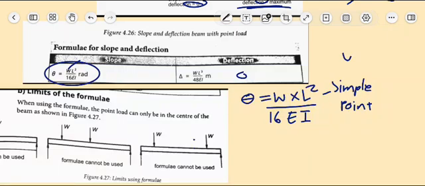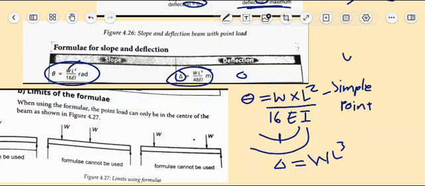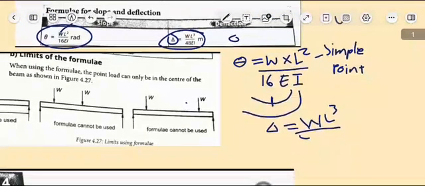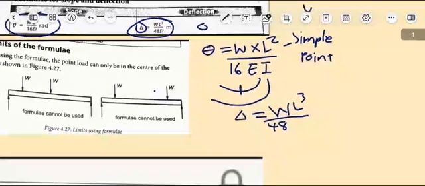Then how do we calculate the deflection? Depending on that bending, we calculate the deflection using this formula. The deflection is W multiplied by length cubed, divided by 48, times Young's modulus of elasticity, multiplied by the moment of inertia.